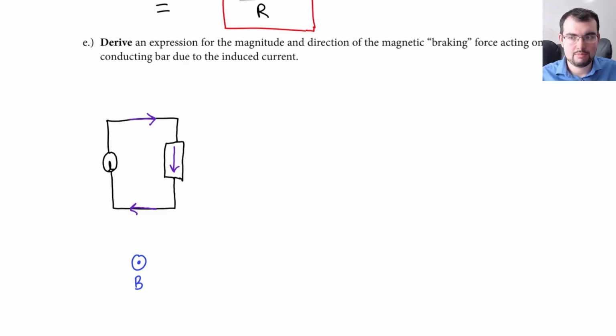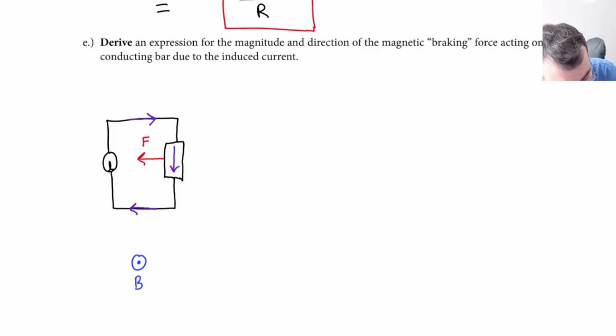So if we do that, we can do our QV cross B now. Now we're actually looking at the current within the bar, so this is a different magnetic force than on the individual charge carriers. We're looking at the actual induced current. So we do QV cross B. That's to the left. So we actually get a magnetic force, and this is why it's called a braking force.